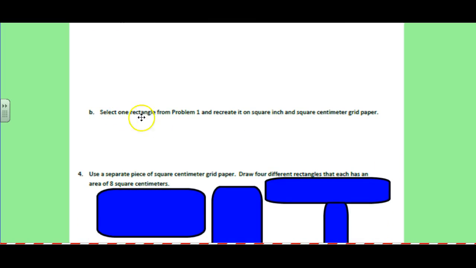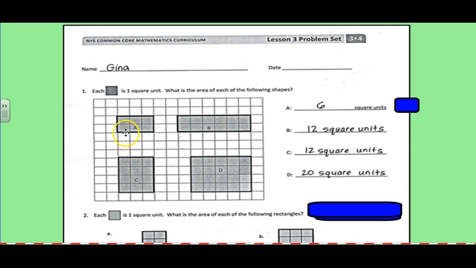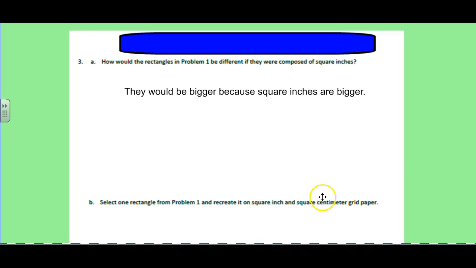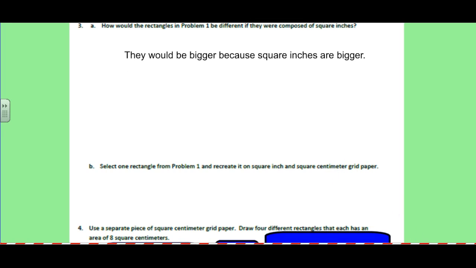Okay, so for this part, you're going to select one rectangle from problem 1. So whenever I look back, one of these, or these, and you're going to take your square inch and square centimeter grid paper that you have with this lesson, and you are going to make that on each one of those.